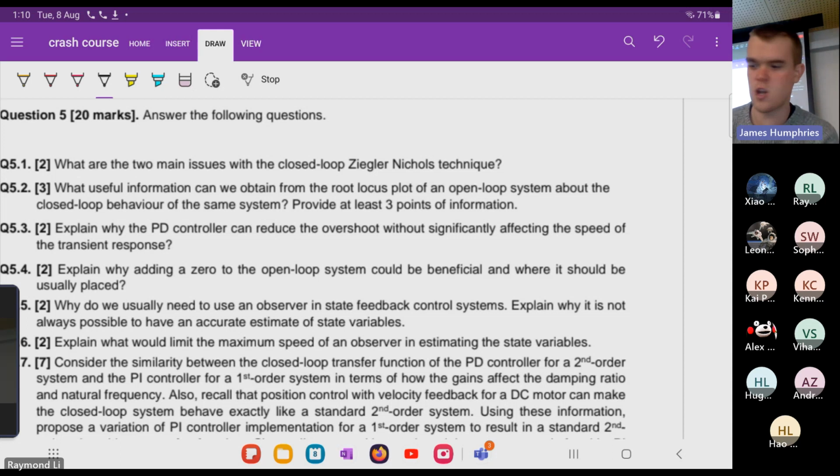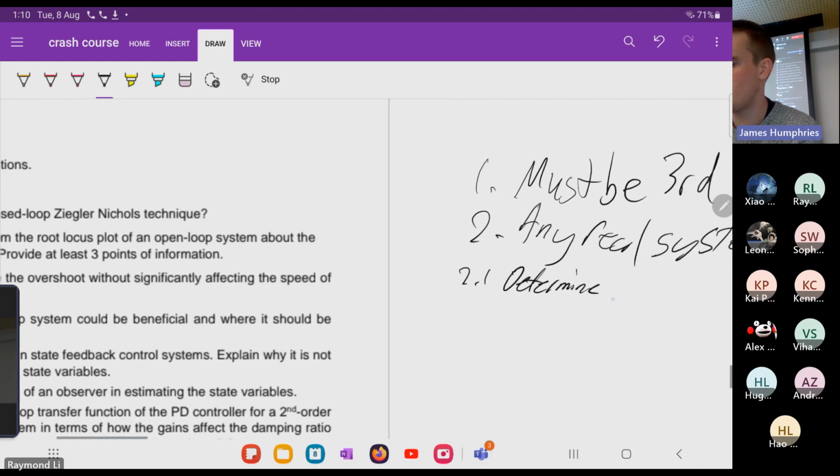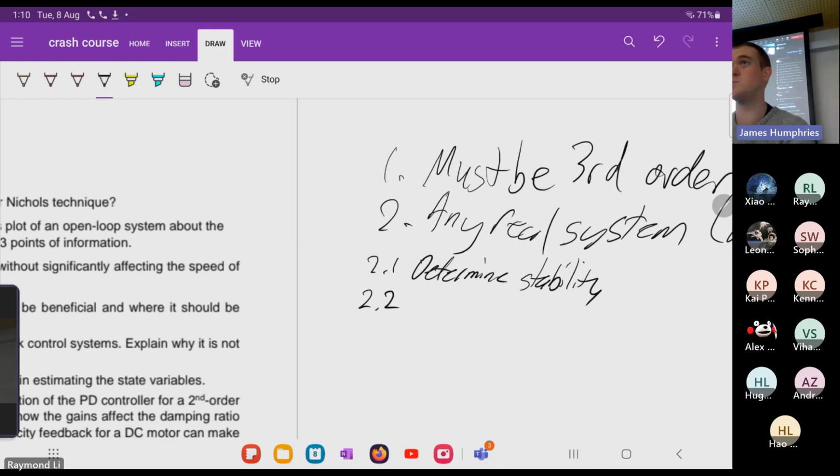Perfect, it determines the stability range. If part of the locus is on the right hand side, it's going to go unstable. There's another one that you should be able to tell me, mainly because I just told you it.